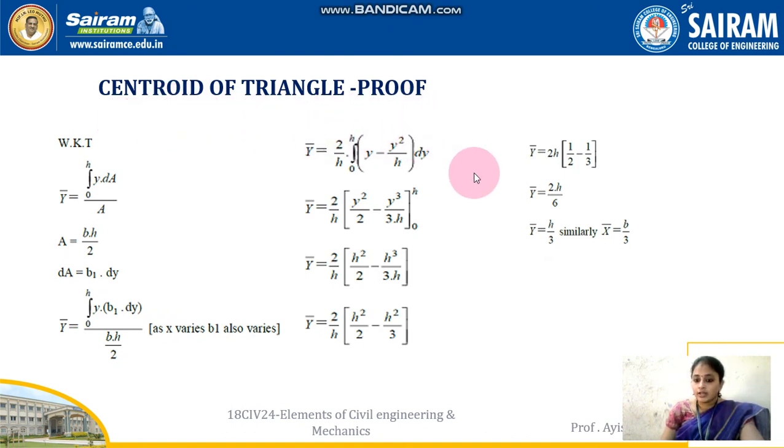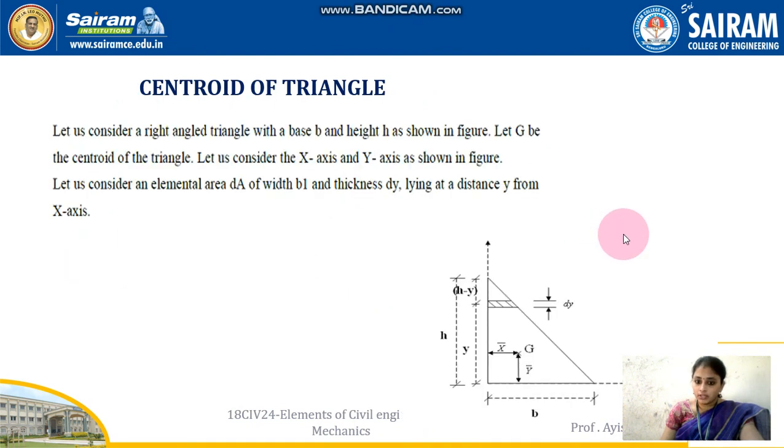Finally you get y bar is equal to h by 3, and similarly for x bar, if you rotate that strip in the vertical direction, you will get x bar is equal to b by 3. So x bar is b by 3 and y bar is h by 3.